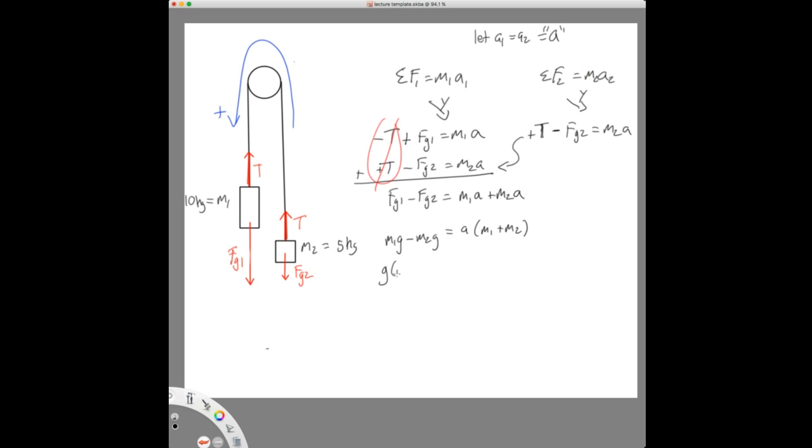So I can also simplify this side by factoring out the g. Okay, and then I just do a little bit of algebra, dividing both sides by m1 plus m2. And now I have a formula.